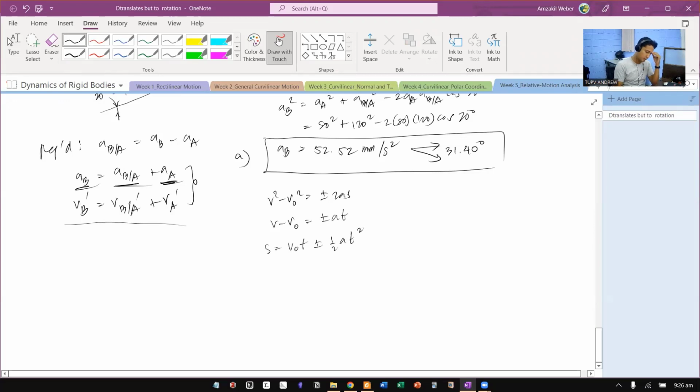Okay, so let's convert these into proper notation. In this case, they all reduce because it starts from rest, meaning v naught is 0.